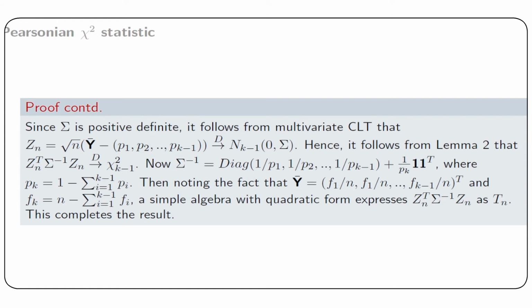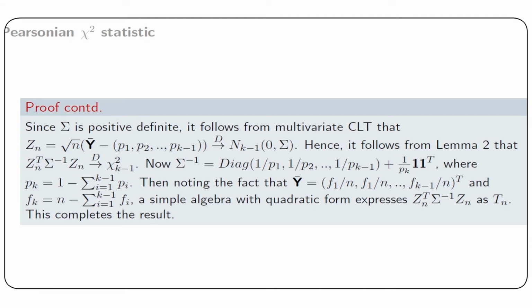Since the large sample distribution of Zn transpose sigma inverse Zn is chi-square with k minus 1 degrees of freedom, the large sample distribution of Tn is also chi-square with k minus 1 degrees of freedom, and this completes the proof.